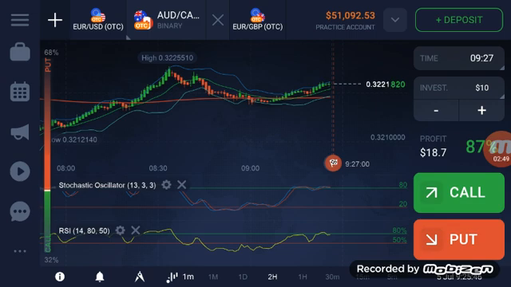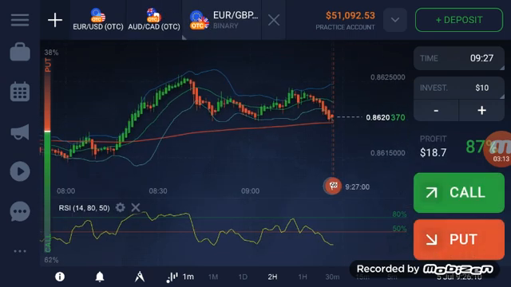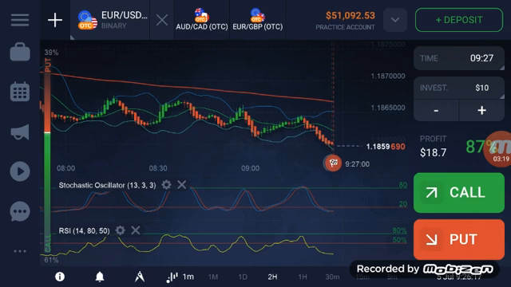For this minute, I'm going to wait for the candle to form and then trade on it. So I'm going to go with a call trade. And then the market changes and now I'm uncertain. So let's go here. I'm going to keep watching.